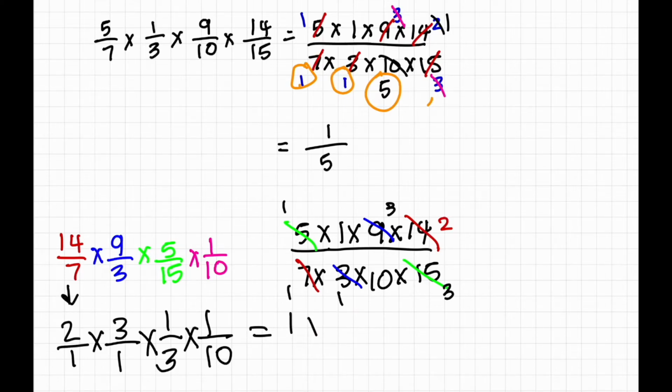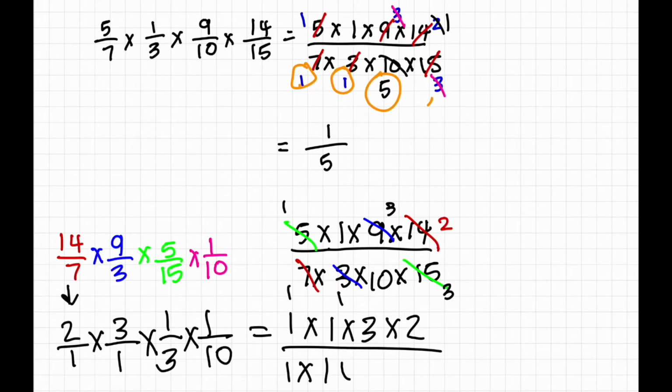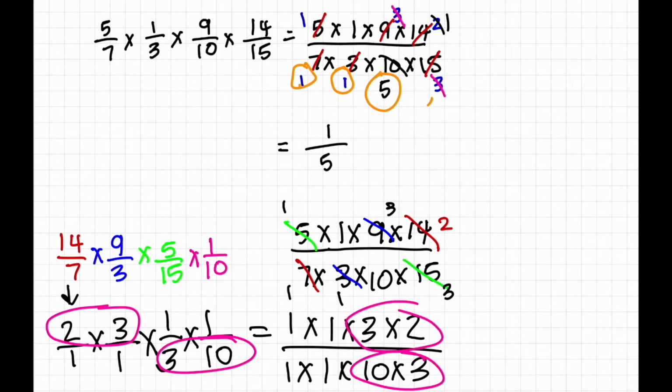So 1 times 1 times 3 times 2, and then 1 times 1 times 10 times 3. We have 10 and 3 right here, 10 and 3 right here, and then 3 times 2 right here. And then the 1s and 1s. So they're exactly the same.